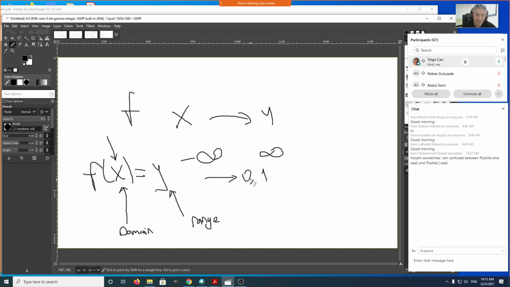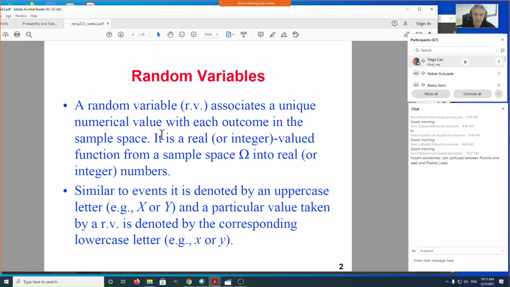If we can count it, like the set of integers, it may be discrete, or we may sometimes treat it as continuous. The distinction between continuous and discrete is not exactly black and white. We're going to come to that later, but let's first focus on this concept of random variable. It's a real or integer valued function, which just maps an outcome to some number. This is really an abstract definition, and it's going to be clear very shortly.